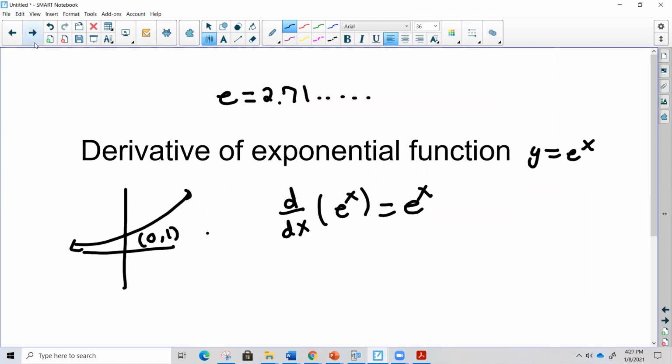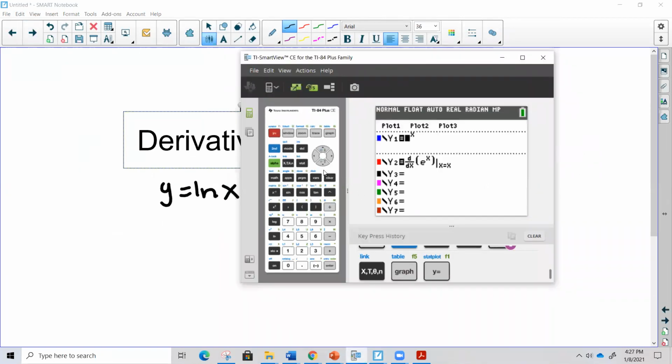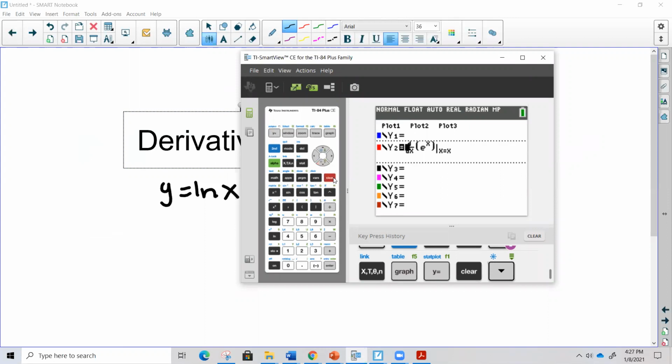And the other main derivative in this section is the derivative of the function y equals ln of x. Again, the proof is kind of beyond this class.